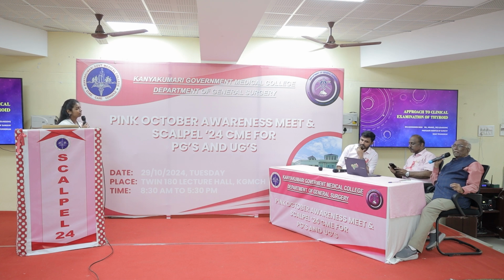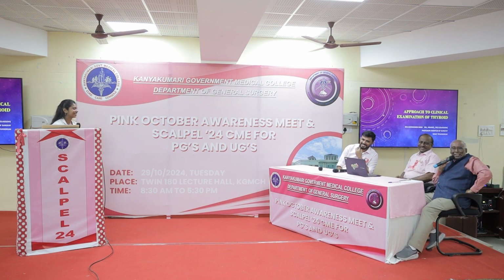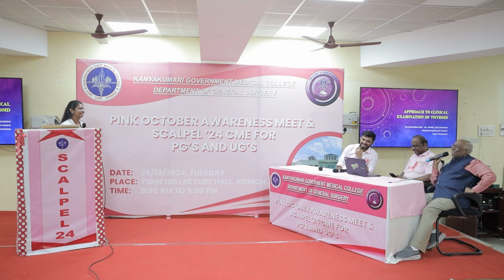Calcified deposits of sloughed cells. Very good, very good. I will straight away give you an MS. What is your name? Vijayalakshmi, sir. Vijayalakshmi. It is calcified clumps of cells. That is psammoma bodies. And then nuclear grooves, nuclear inclusions, so many features.